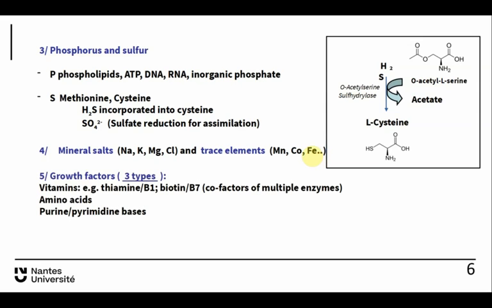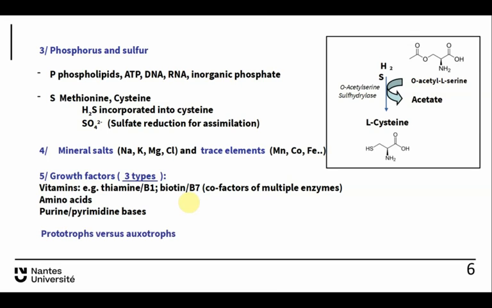And finally, some bacteria may require growth factors: vitamins, amino acids, or purine and pyrimidine bases. A growth factor is something which is essential for bacterial growth, but the bacterium cannot produce it on its own. Bacteria which do not require growth factors can make all of this stuff themselves.